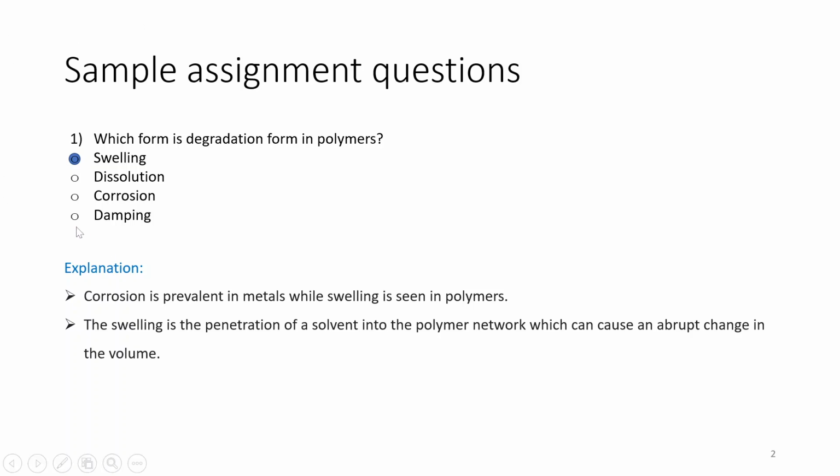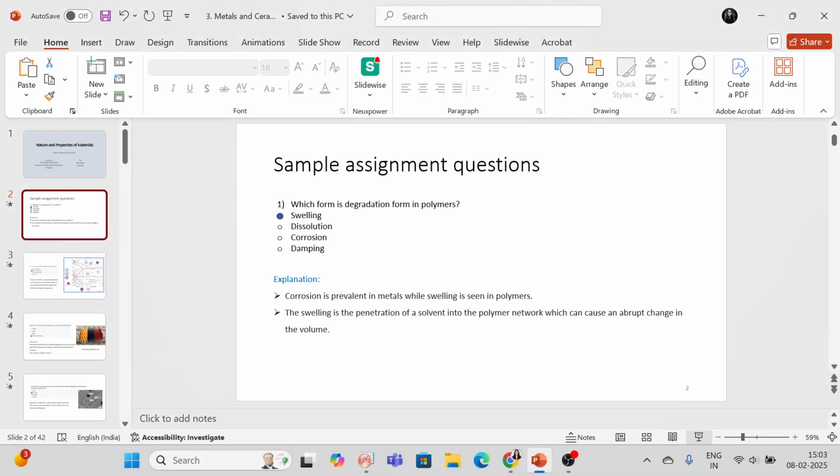Damping is a phenomenon that occurs in metals as well, which we already studied in the previous chapter. So corrosion is prevalent in metals while swelling is seen in polymers. Swelling is the penetration of a solvent into the polymer network, which can cause an abrupt change in volume. So volume increases for polymers because of this swelling.